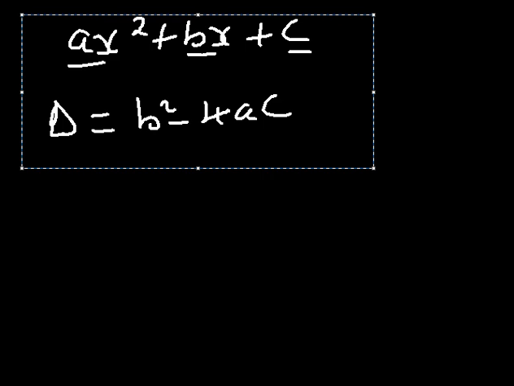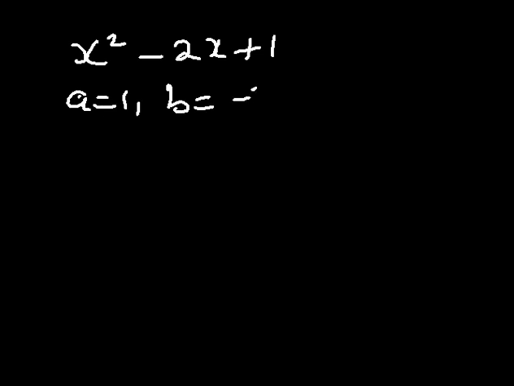Let's say we have the quadratic expression x squared minus 2x plus 1. What is the discriminant of this quadratic expression? We know that a is 1, b is negative 2, and c is 1.